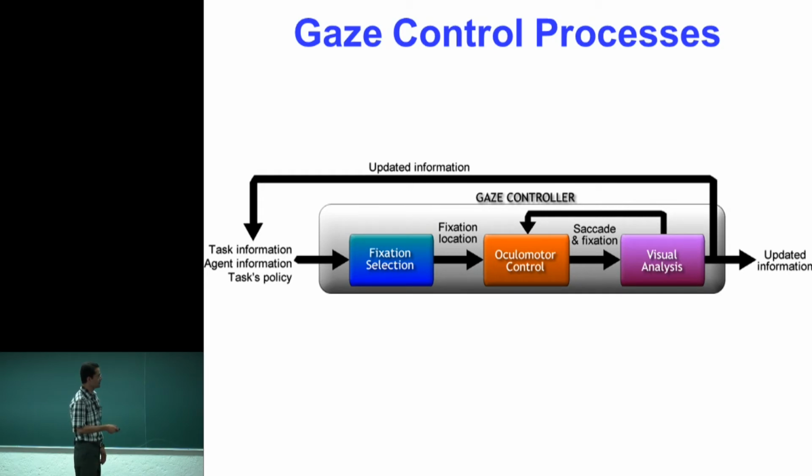This is the input of the process that controls the movement of the eye of the robot, in this case a camera. Then we perform a saccade and a fixation. Then we get visual analysis and we update the information. And this information is again an input to the controller. Okay? So these are the very basic processes that we were working on, and I was just focusing on this process.